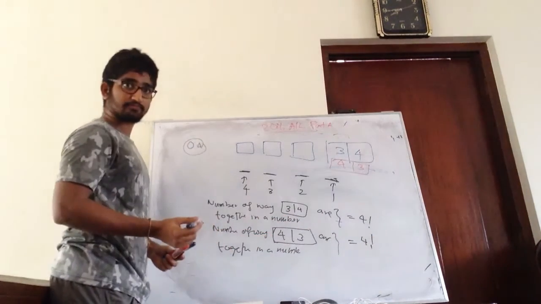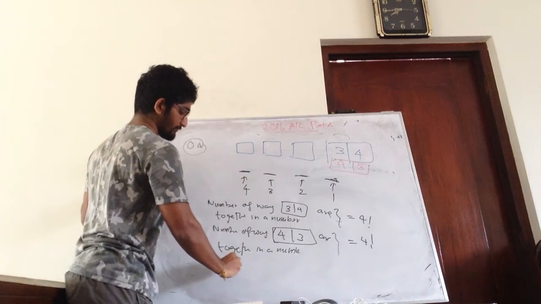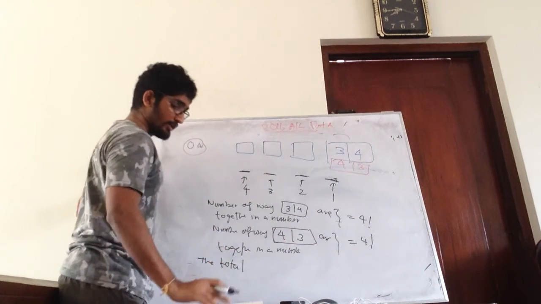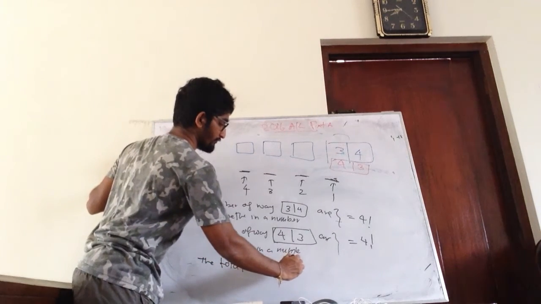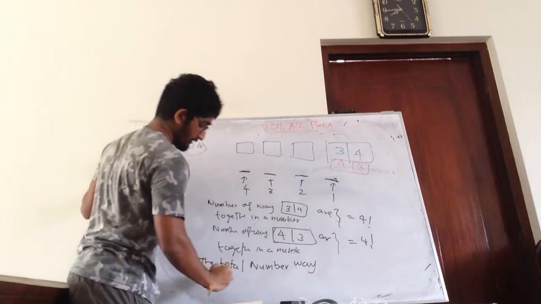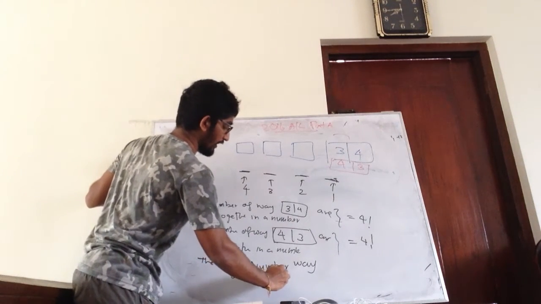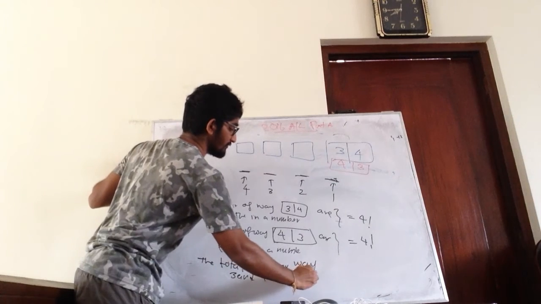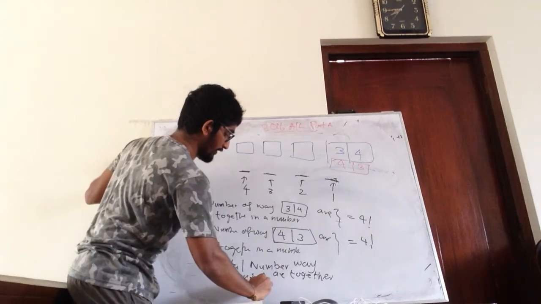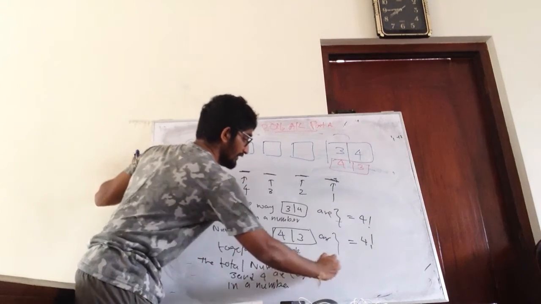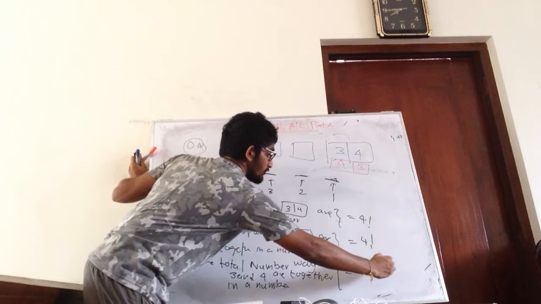factorial 4. So the total number of ways 3 and 4 are together in a number is going to be factorial 4 plus factorial 4.